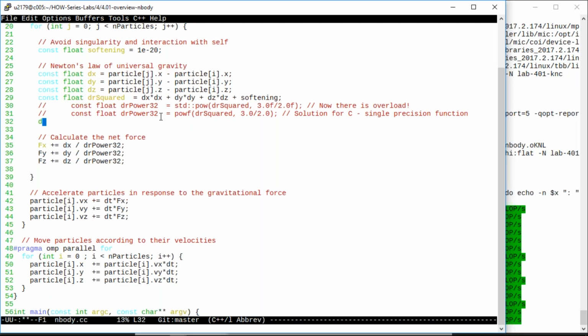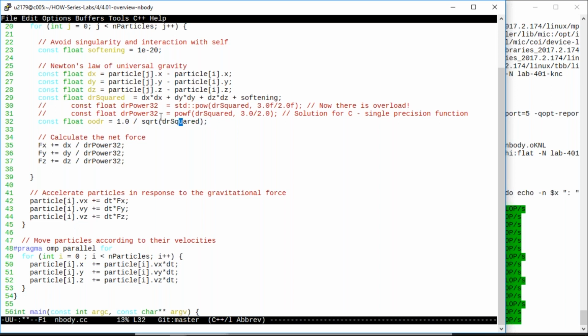So what I'm going to do is get rid of divisions and replace them with multiplications by the reciprocal value. So I will call it 1 over dr, and I will compute it as 1 divided by the square root of dr squared.